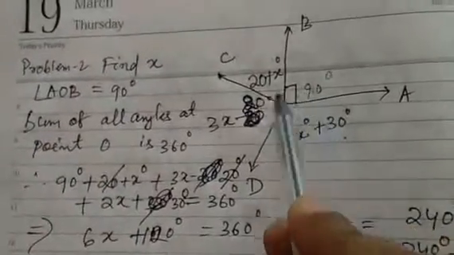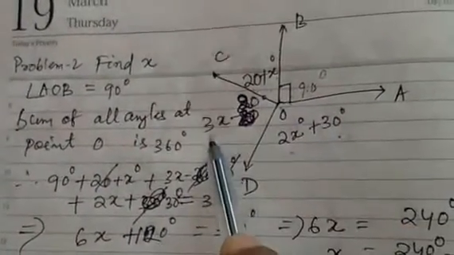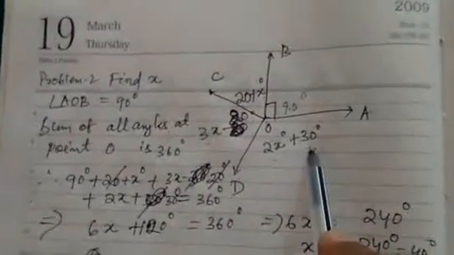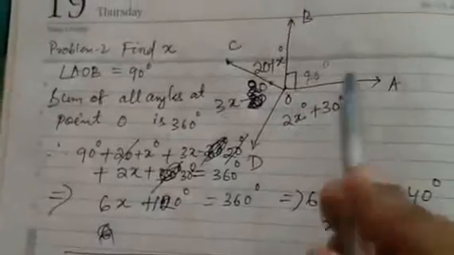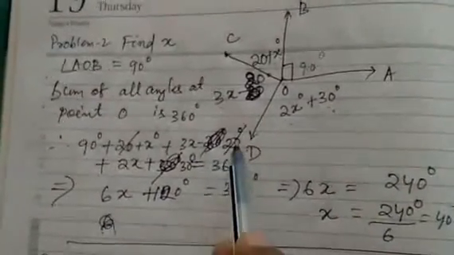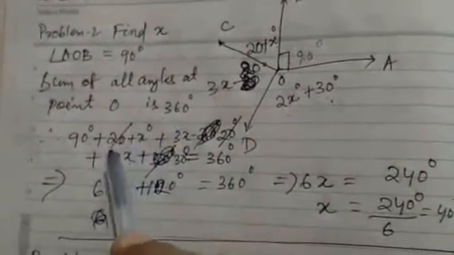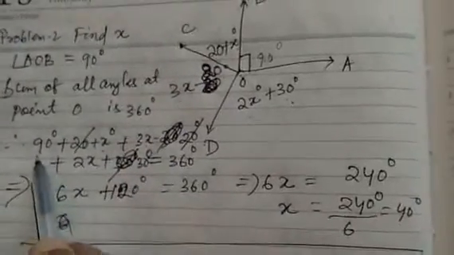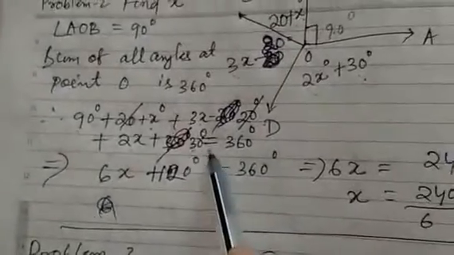So 90 plus 20 plus x plus 3x minus 20 plus 2x plus 30 degree is equal to 360 degree. You add all: plus 20 and minus 20 cancel, x, 3x, 2x becomes 6x, and 90 plus 30 is 120.